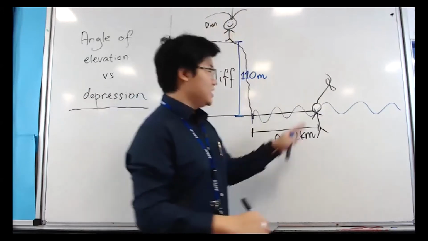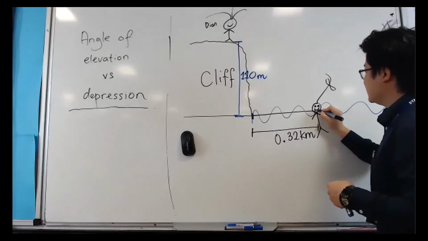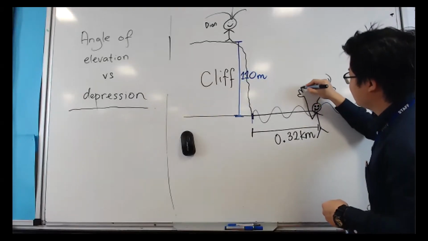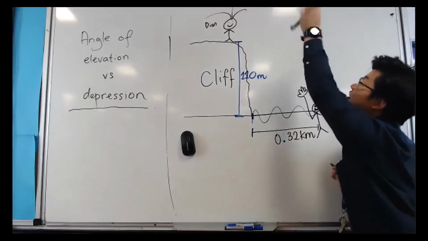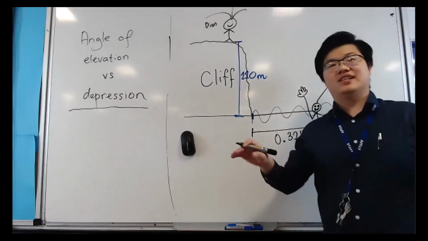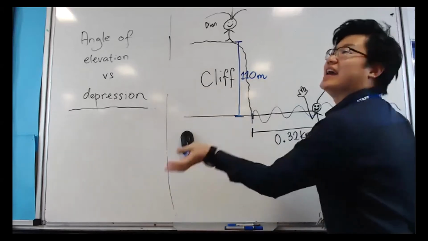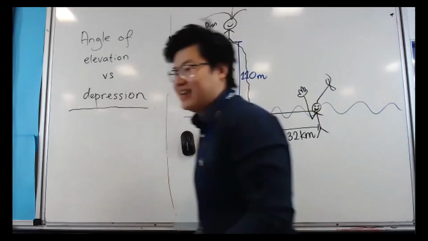So what Denise is doing there is waving at Dion. Hello, like that. Denise is in the ocean swimming, and then she looks back and waves at Dion.